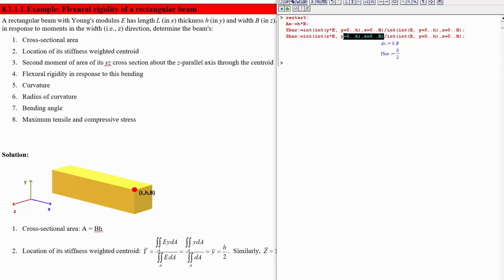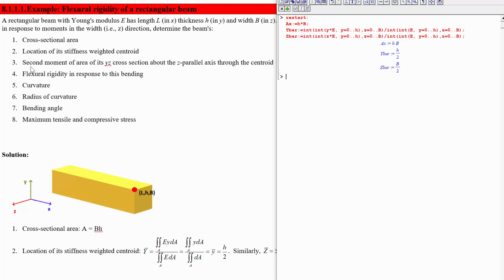That's just taking us as an integral over that whole area, over the y range and z range for this rectangular region. All we need to replace is this thing from a y with a z, and we're going to have the average z value now, which is b over 2. So we start at z equals 0 here, go all the way to z equals b. So the average z, weighted by stiffness, which doesn't depend on z, is just b over 2.